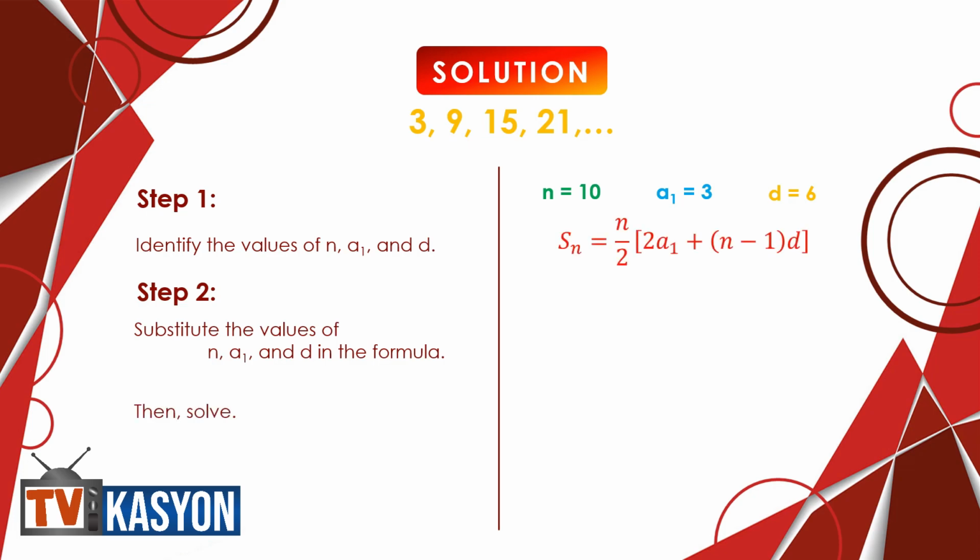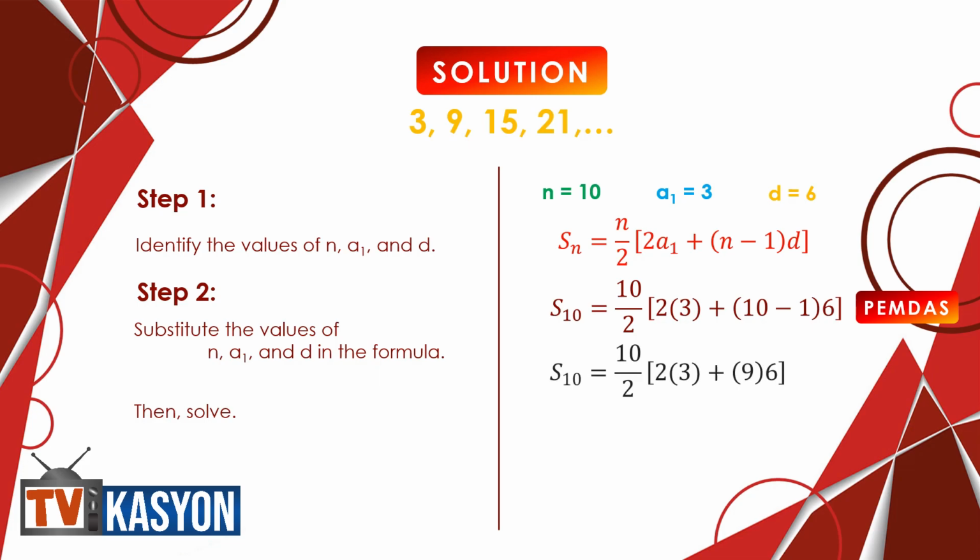That is, S sub 10 equals 10 over 2 multiplied to 2 times 3 plus the quantity of 10 minus 1 times 6. Following the order of operations termed as PEMDAS, I will start with 10 minus 1, and that's 9.